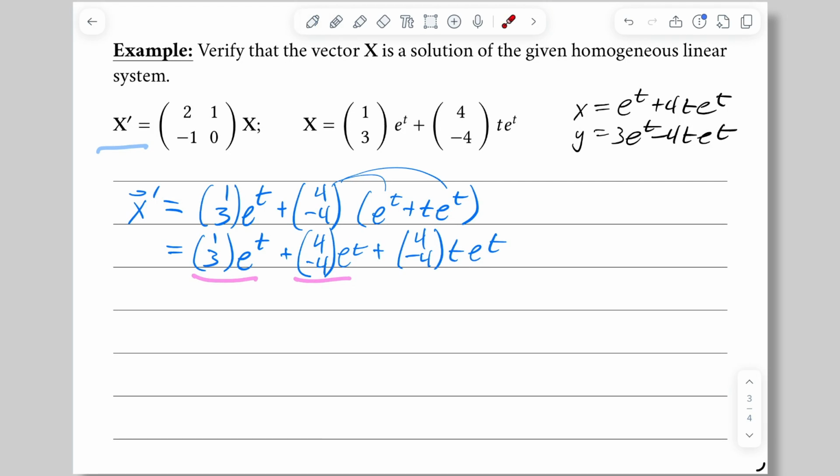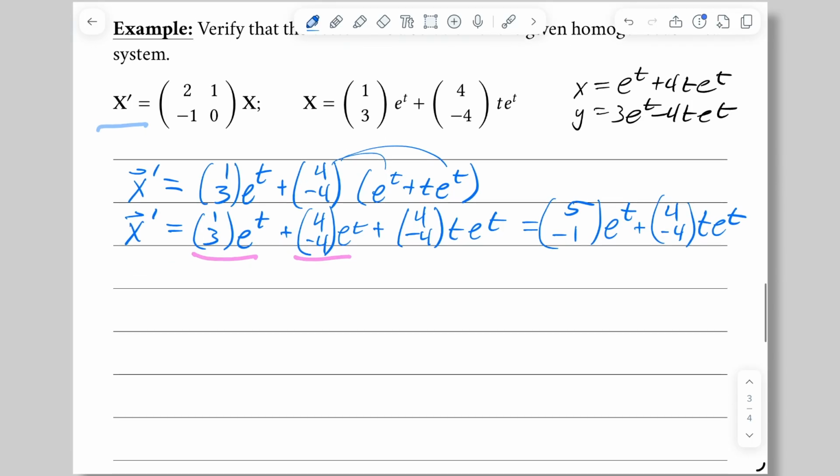And to collect those like terms, we can add together the vectors that are being multiplied by e to the t. And so we have 1 plus 4 as the first entry, and then 3 minus 4 as the second entry, to give us 5, negative 1 e to the t. And then we have our 4, negative 4 times t e to the t.